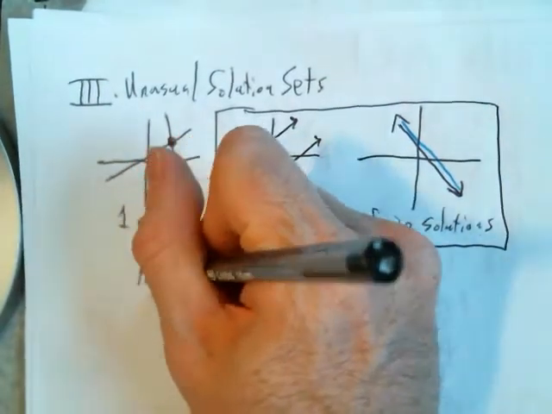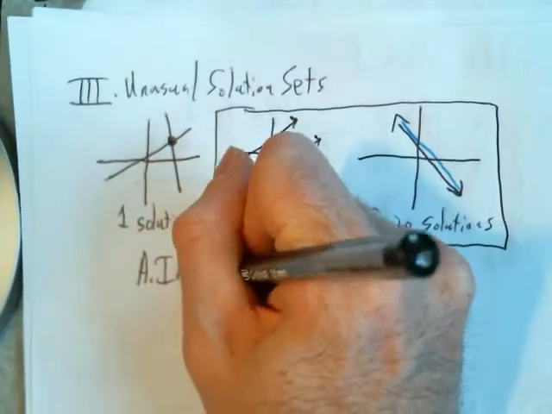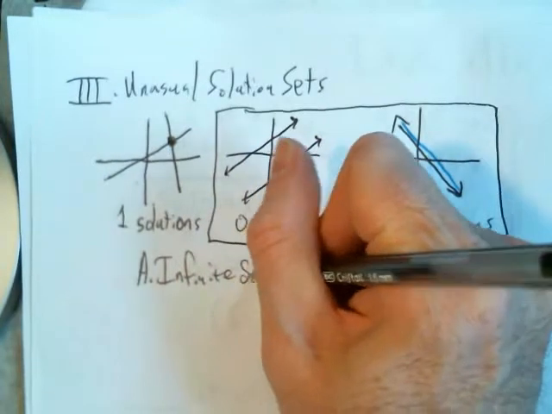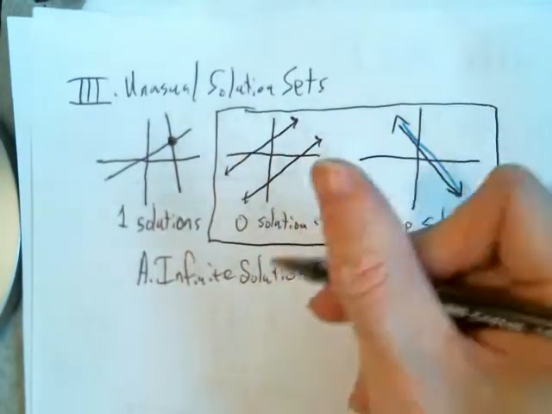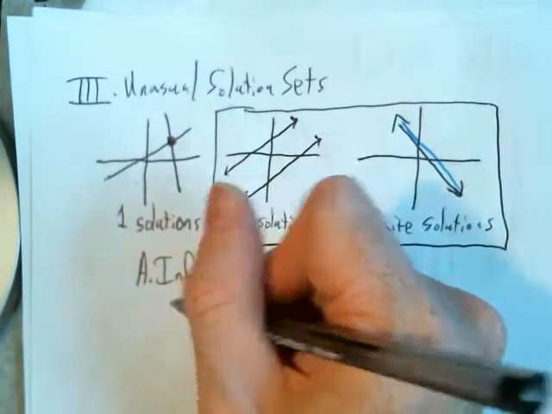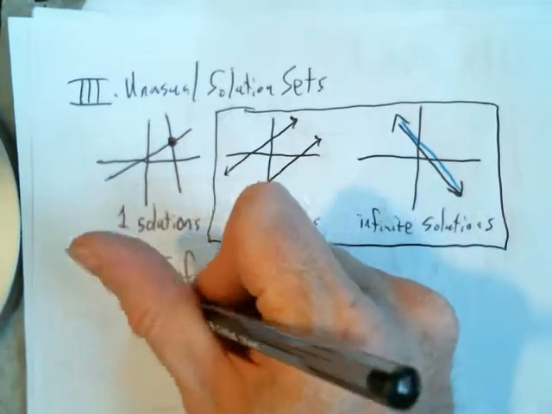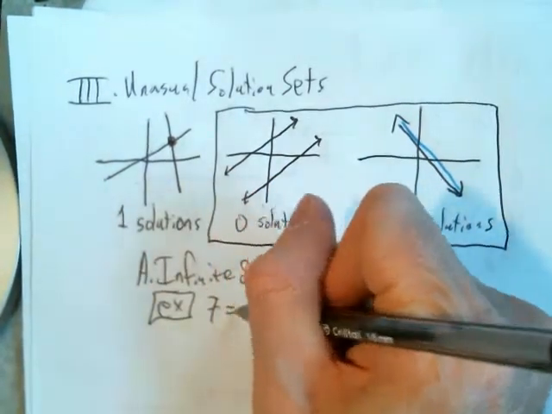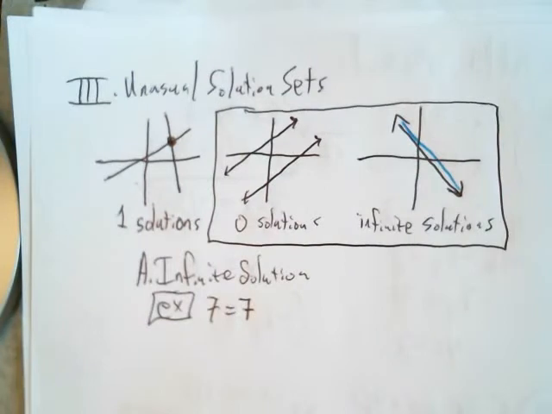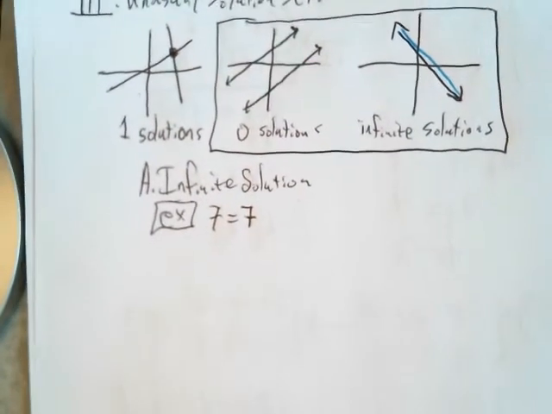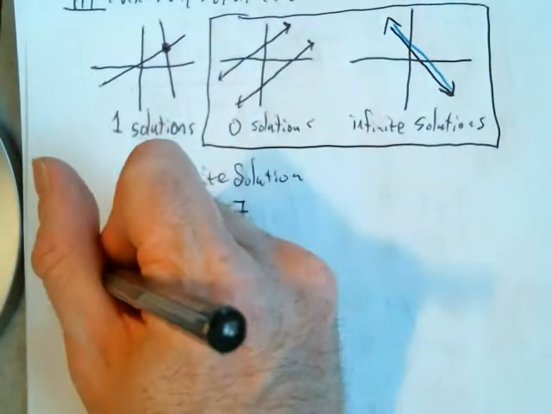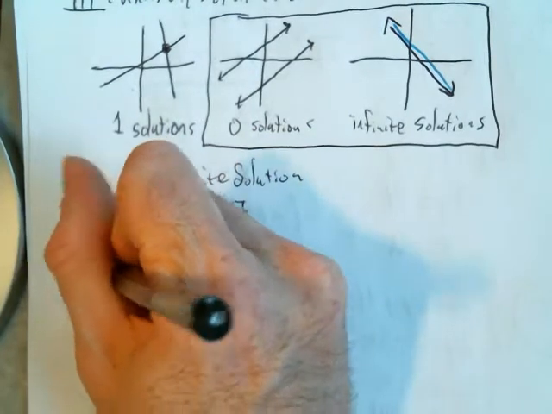The first case is the infinite solution case. And the resulting statement will be, for example, something like 7 equals 7. Okay? And that will be your red flag, and you'll say, oh, that's the infinite solution case. So let's look at 38.